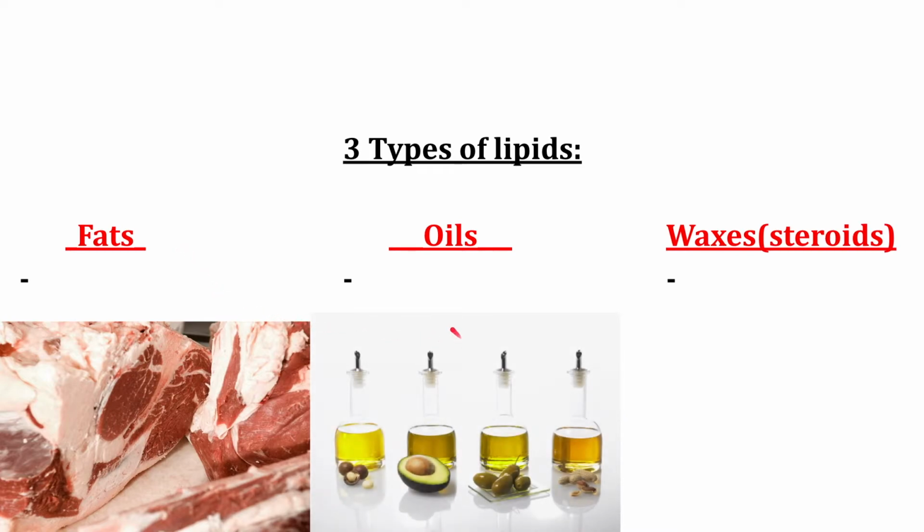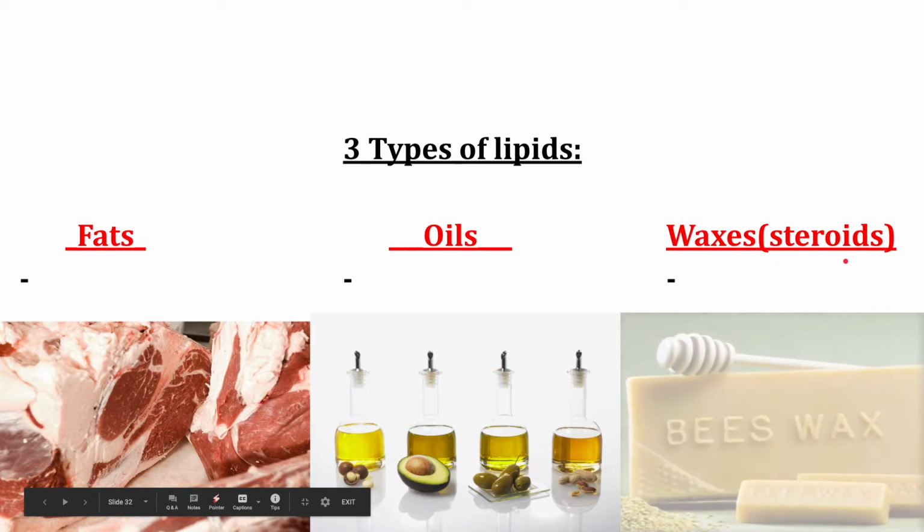You then have oils, which are traditionally liquid at room temperature, whereas fats are generally solid at room temperature, although, again, that can vary. And oils are traditionally most characteristically found in plants, as you can see from the examples here. If I'm not mistaken, that's peanut oil, olive oil, avocado oil, and I can't remember exactly what type of oil that is, but it appears to be some sort of tree nut.